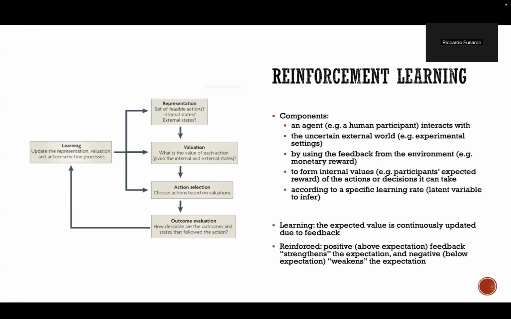Yes, I think, and this is called reinforcement learning because the value is learned and not assumed. And reinforced, it's because positive feedback strengthens the association, while negative feedback weakens the association, the expectations, right? Weakens the association between picking that action and expecting a reward.